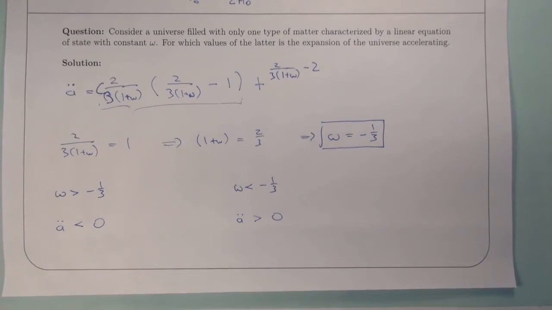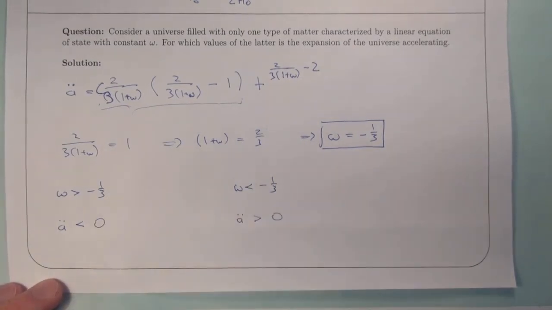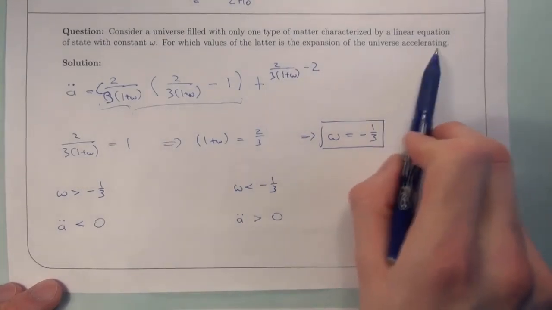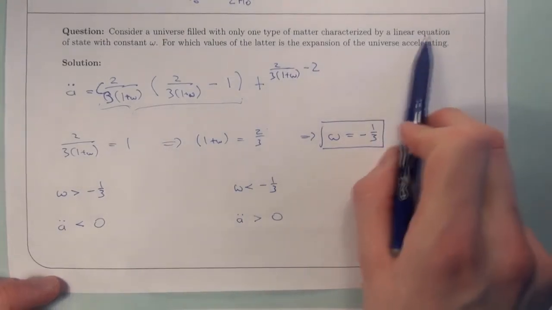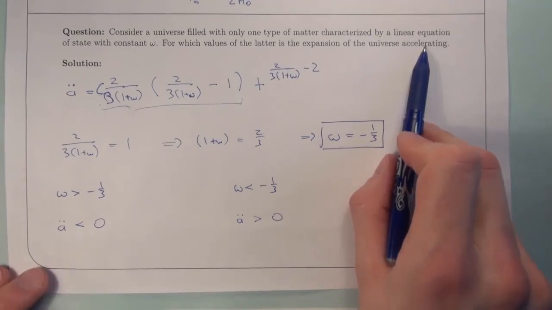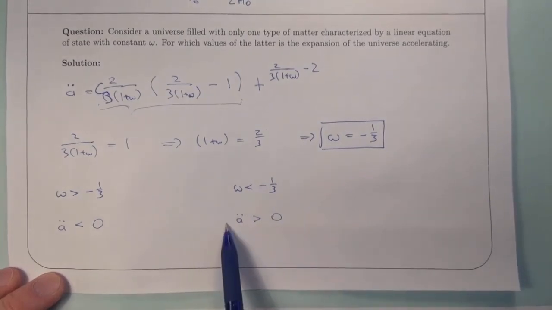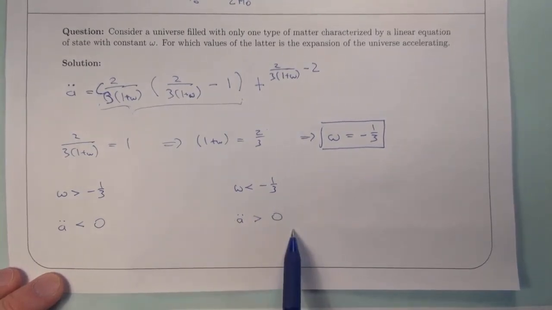So you see, for different matter models we get different statements on the expansion of the universe, namely whether it's accelerating or decelerating. And as you see, we have measured that the expansion is accelerating.